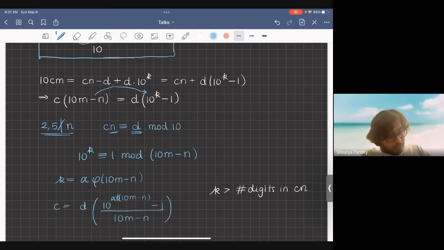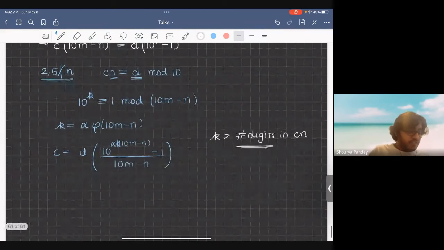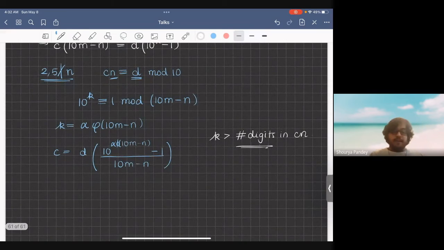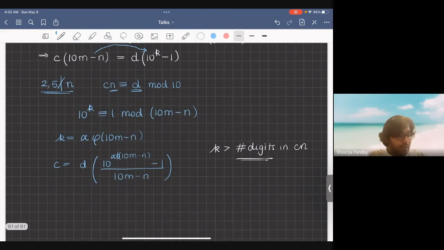And why is this true? Why is k more than the number of digits in Cn? By the way, I can just pick d to be 1, right?